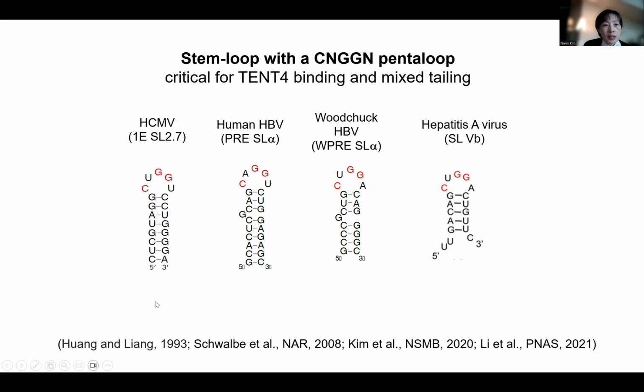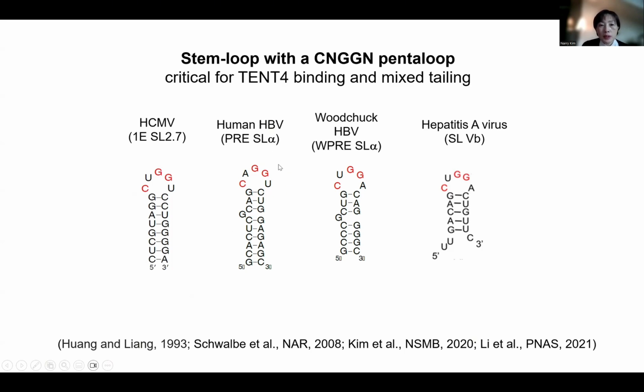In HCMV viral RNA 2.7, we found this small hairpin that contains a CNGGN pentaloop. We also identified a similar motif in HBV post-transcriptional regulatory element called SL alpha.